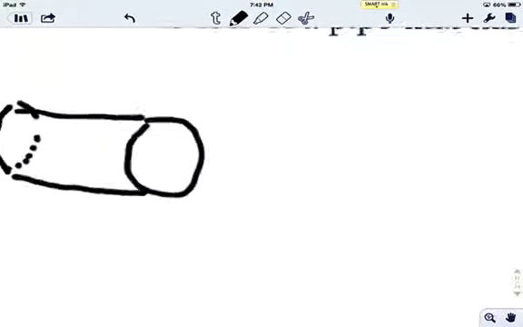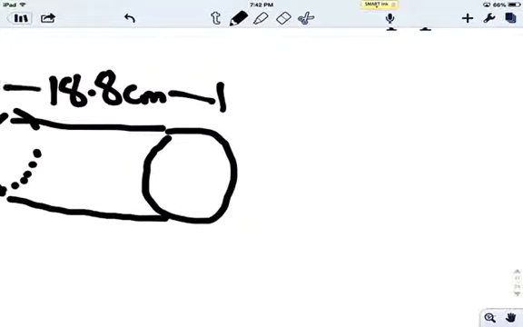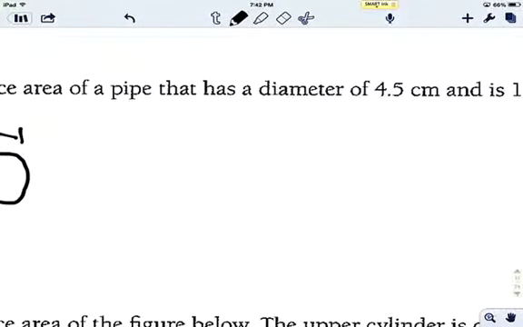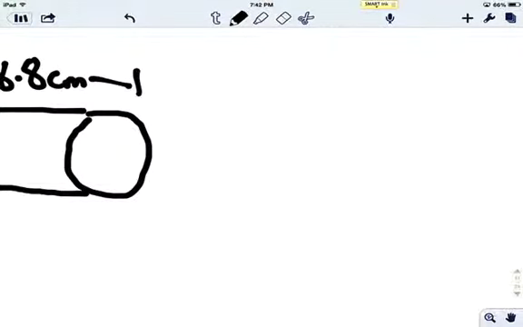Okay, it's 18.8 centimeters long, so I'm going to put 18.8 centimeters from here to here. And it says that the diameter of that pipe is 4.5 centimeters. So this diameter here, distance across there to there, is 4.5 centimeters.